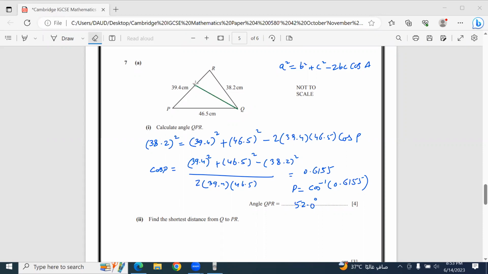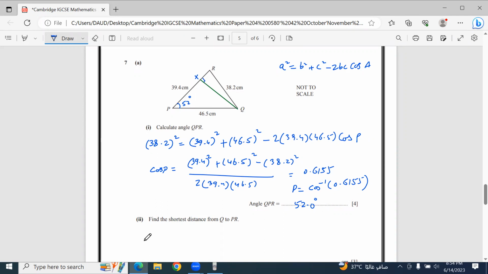Let's suppose this point is X, so QX is the shortest distance from Q to PR. To find it, we must know the area of this triangle. We just found angle P, which is 52, and that will help us.